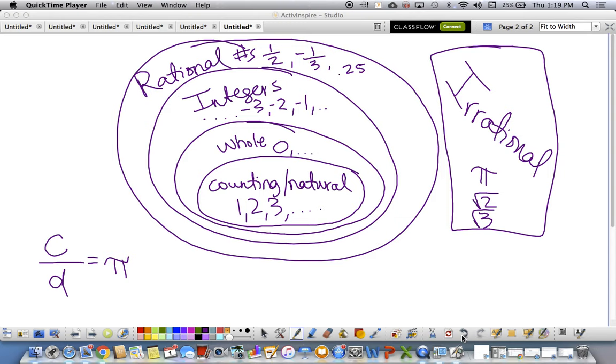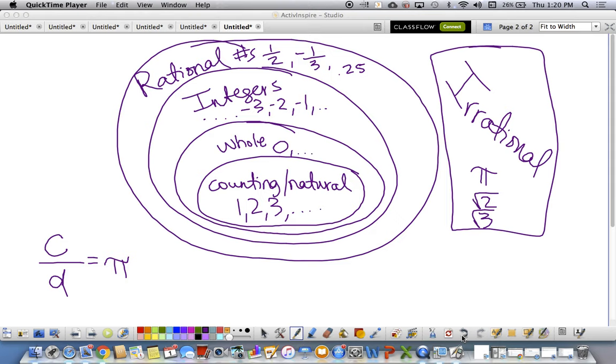So, can we group irrational together with rational? Can we put something that combines them all? You better have seen it. You need to shake your head and tell me you've seen this. Okay, whether it's true or not, you need to have seen this.